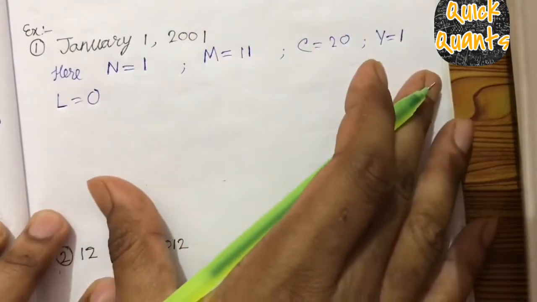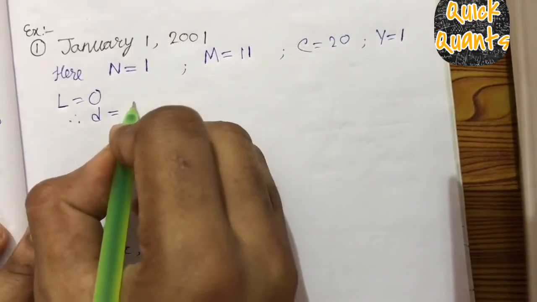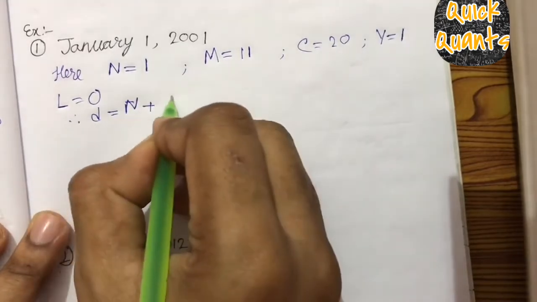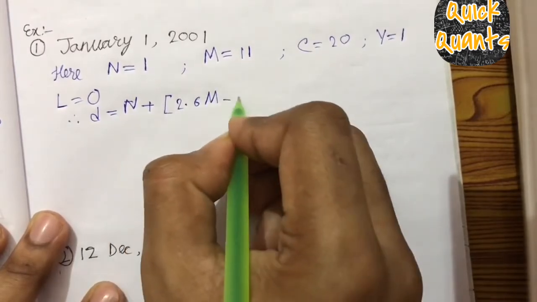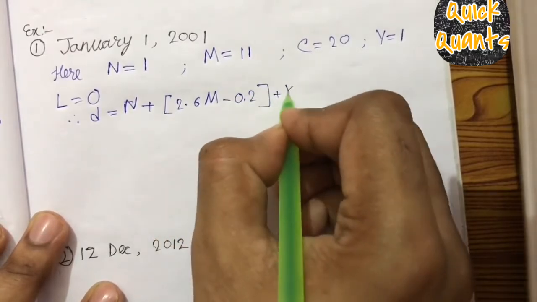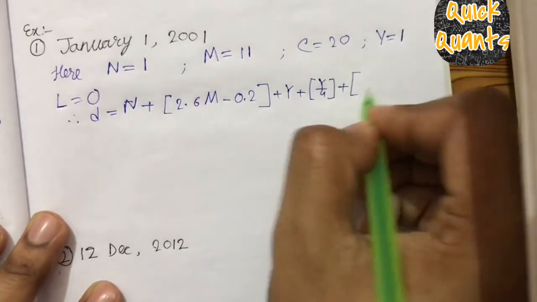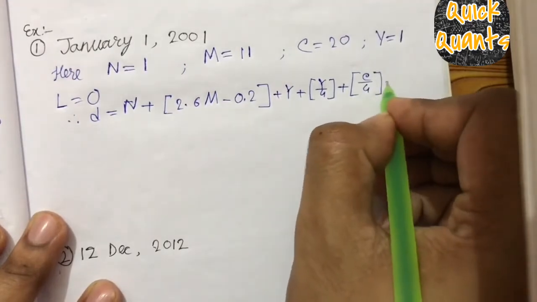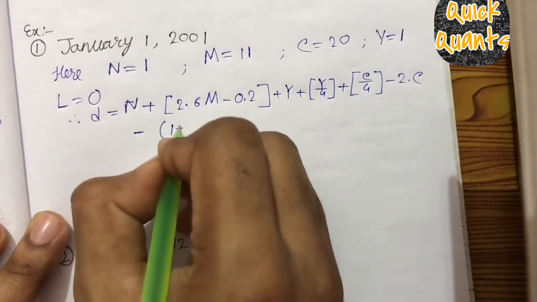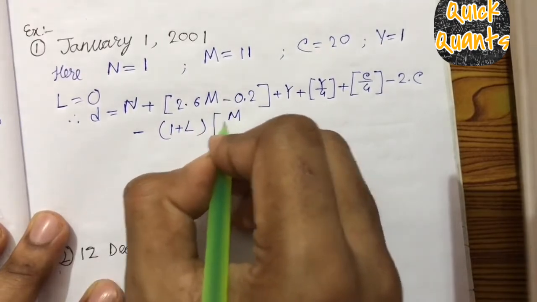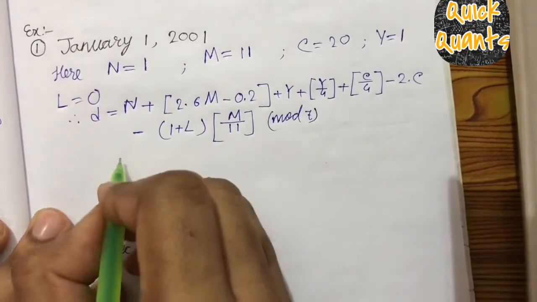Just to remind you of the formula, D equals N plus floor of (2.6 multiplied by M minus 0.2) plus Y plus floor of Y by 4 plus floor of C by 4 minus 2 into C minus 1 plus L multiplied by floor of M by 11, mod 7.